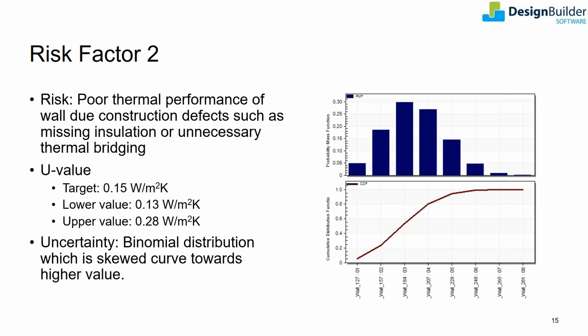Unlike the previous continuous variable that can take any value between a range of numbers, discrete variables can only take specific values. In this case, the external wall can only be one of the 8 options selected and no value between them will be used.